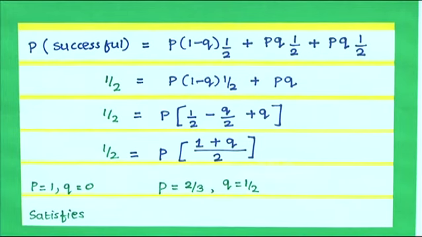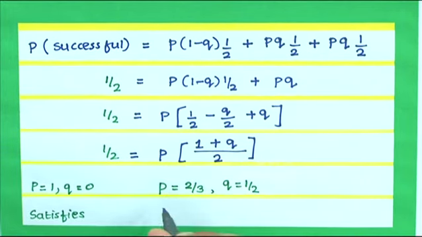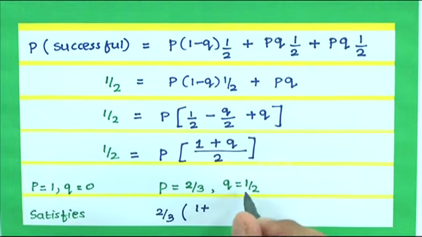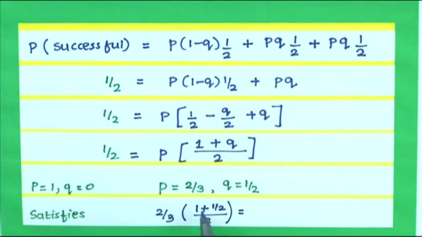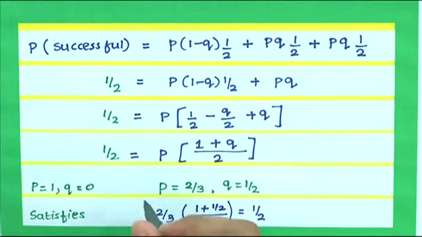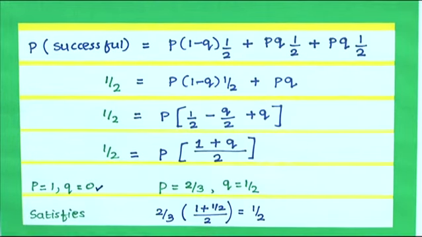So let us write it down. 2 by 3 multiplied by 1 plus Q, that's nothing but 1 by 2, the whole thing divided by 2. So when we simplify this, 1 plus half is 3 by 2, 3 by 2 and 2 by 3 will cancel, you will get 1 by 2. So the second condition also satisfies, is it not? So the first condition satisfies, second condition also satisfies.